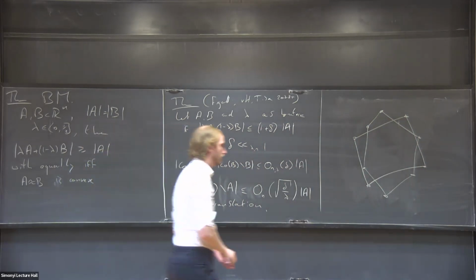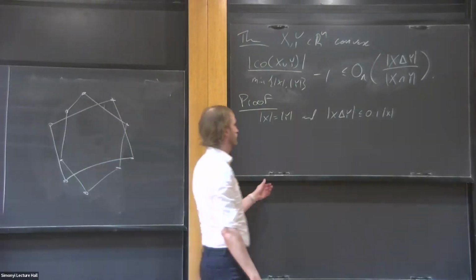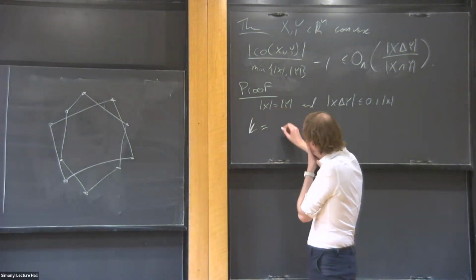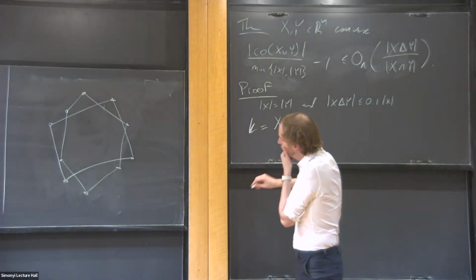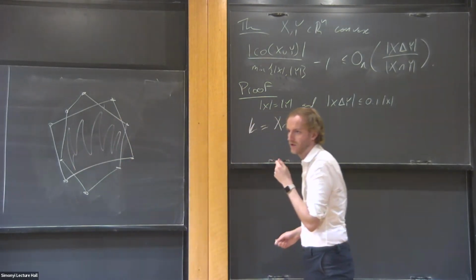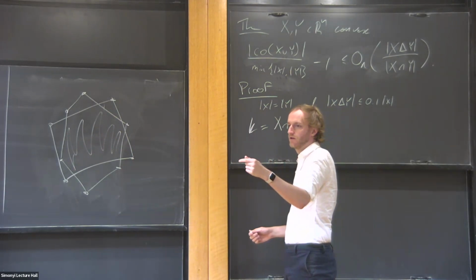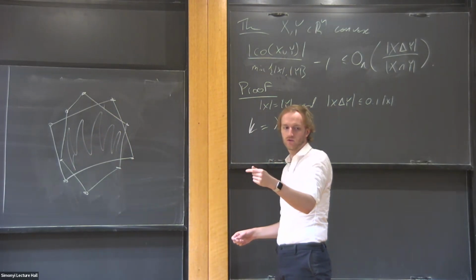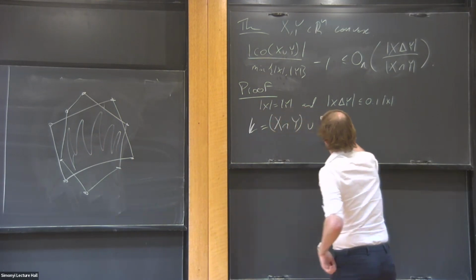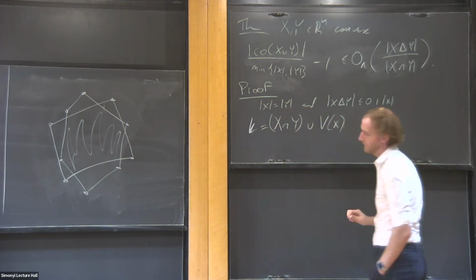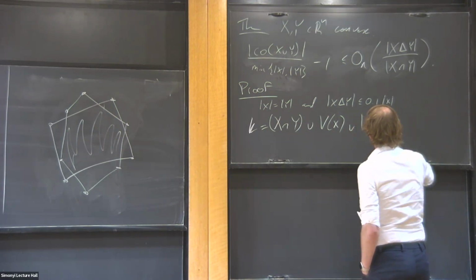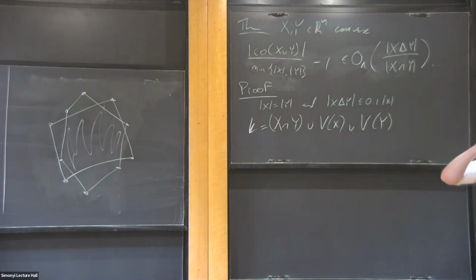I'm going to consider the following helpful set. I'm going to consider the intersection of the two sets, so everything in this region, and I'm going to add to it the vertices of the two polytopes, which I'll denote by V of X, the vertices of X, and V of Y, the vertices of Y.